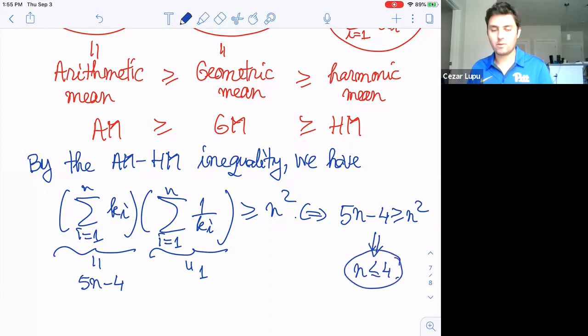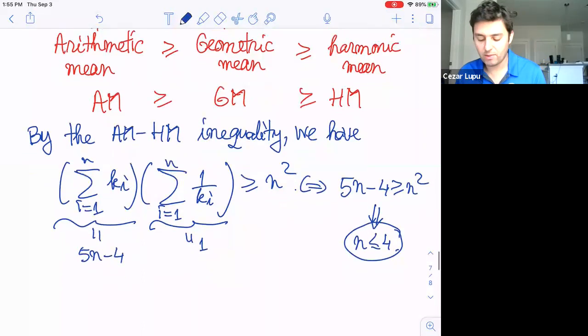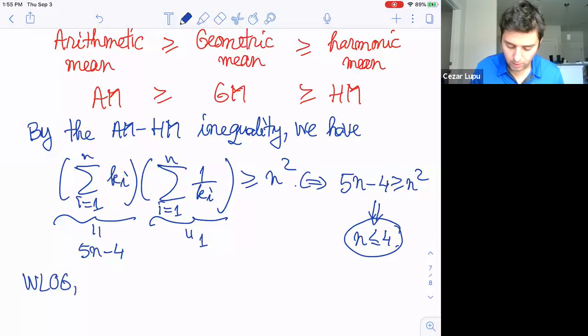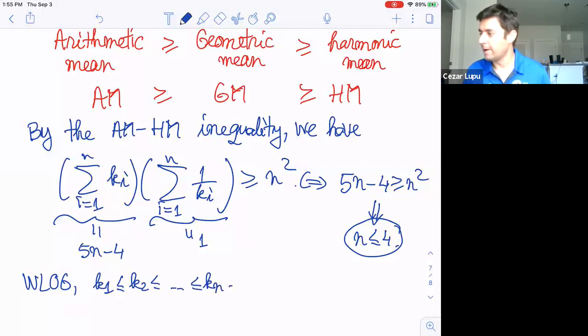Now you have to find those integers, and check each case: n equals 1, 2, 3, 4. Without loss of generality, you can assume that k1 is less than k2 less than kn.